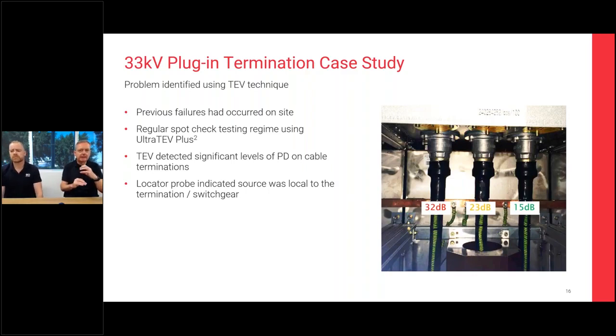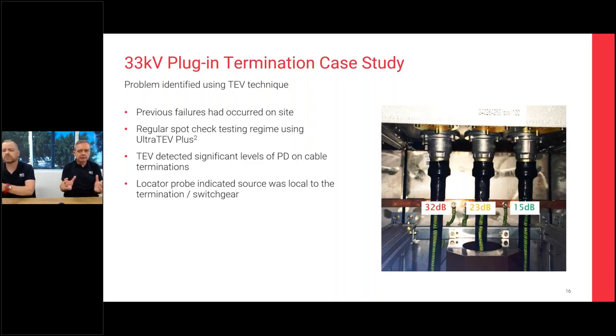It's more a case of identifying the discharge, the fact that you've got discharge in there. Certain defects may not produce very high levels of PD before they fail.